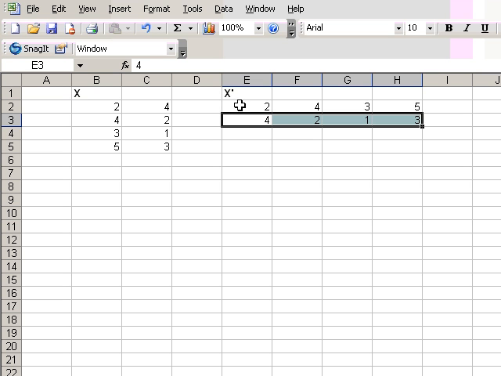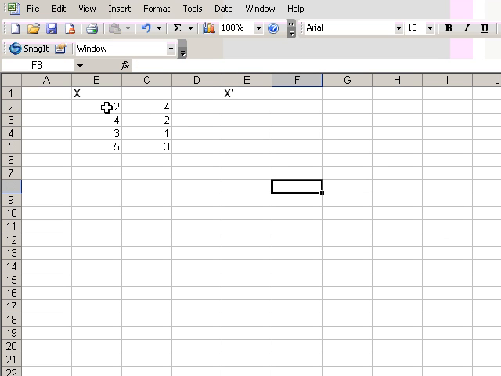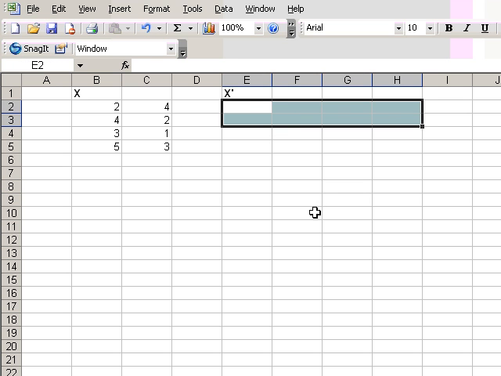There's a second way that we can transpose the matrix. I'll clear the contents, and when I look at this matrix, I see that it has 4 rows and 2 columns. So the transpose has got to have 2 rows and 4 columns.